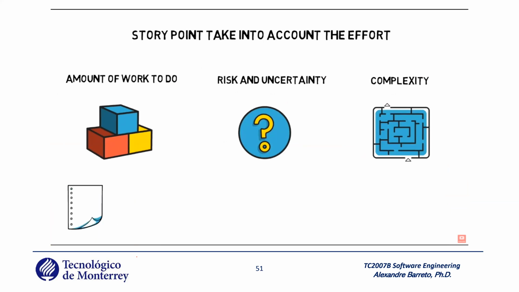The first task is to fold 10 papers, and the second task is about folding 100 papers. Although it's the same actions, and the second task is not more complex than the first one, still, the second task requires more work and should be given more story points. It probably doesn't get 10 times more points, even though there are 10 times as many papers, but it should definitely have more story points.